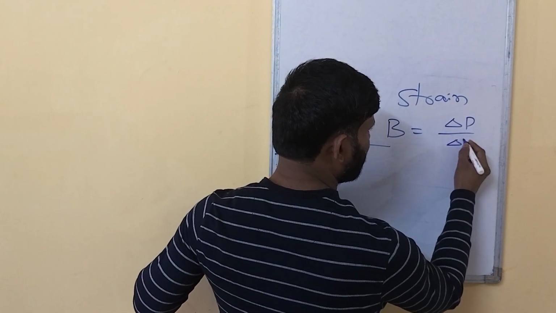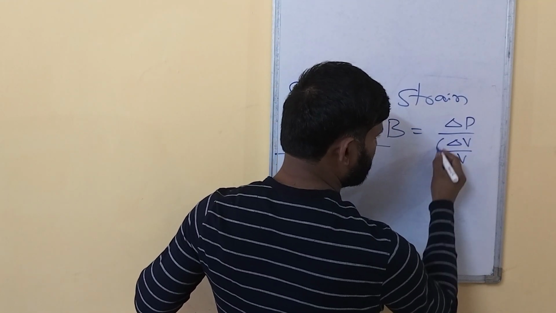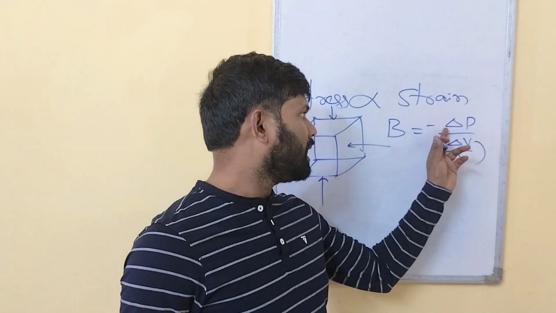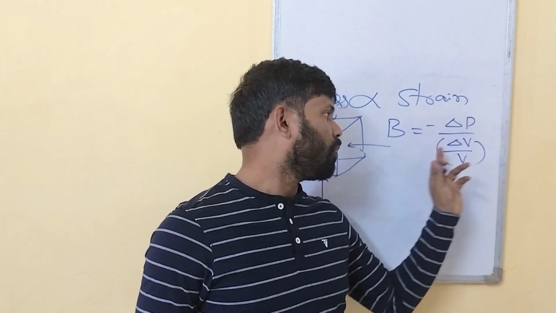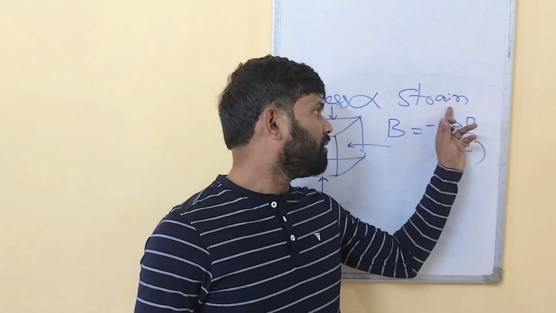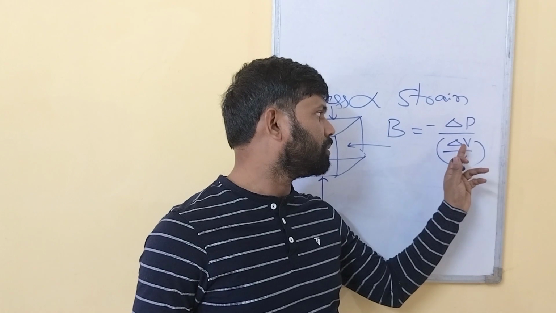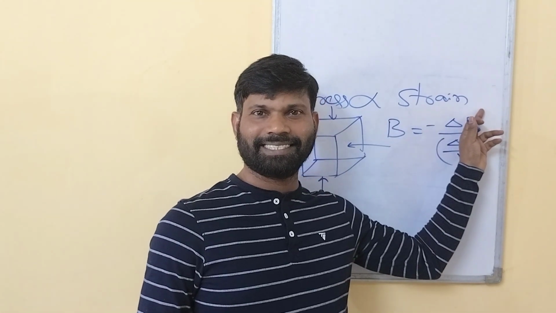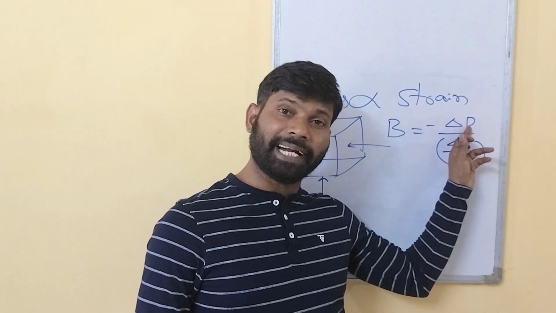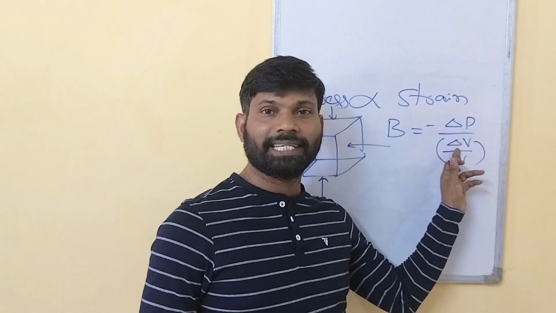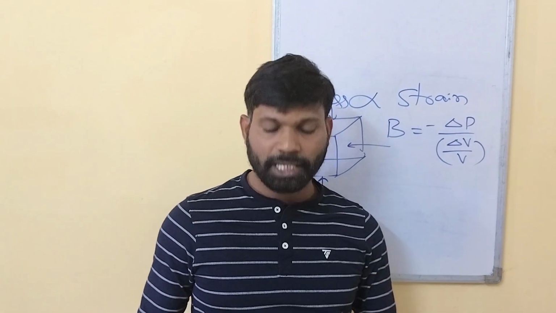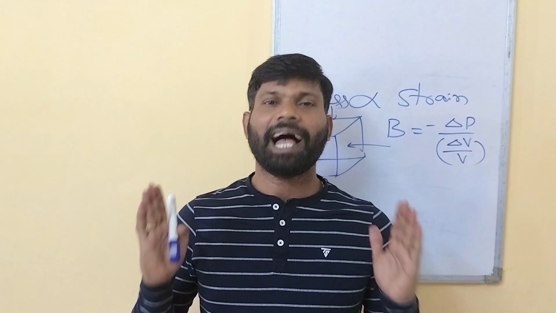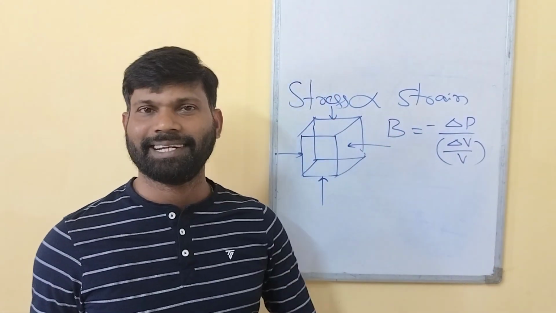So del V, change in volume, by initial volume V. Here I have to keep a minus, because if pressure increases, volume decreases. If this is positive, this will be negative, so minus into minus is plus. If pressure decreases, delta P is negative, then volume increases, then minus into minus is plus. To make this B always positive, I am writing the minus sign.